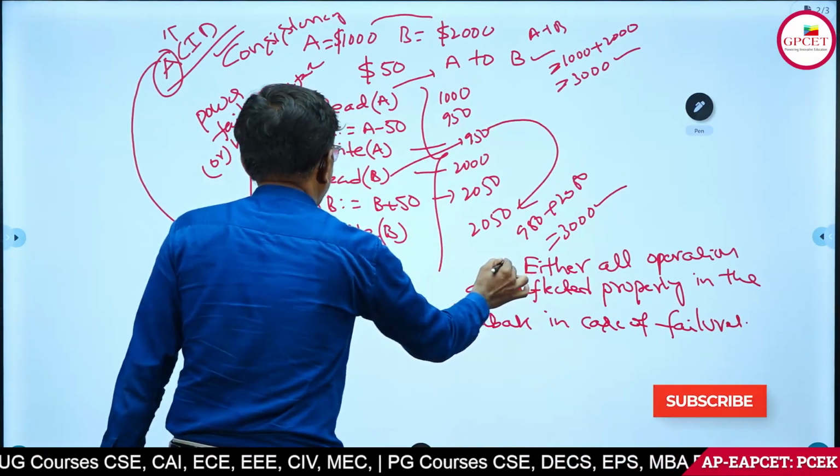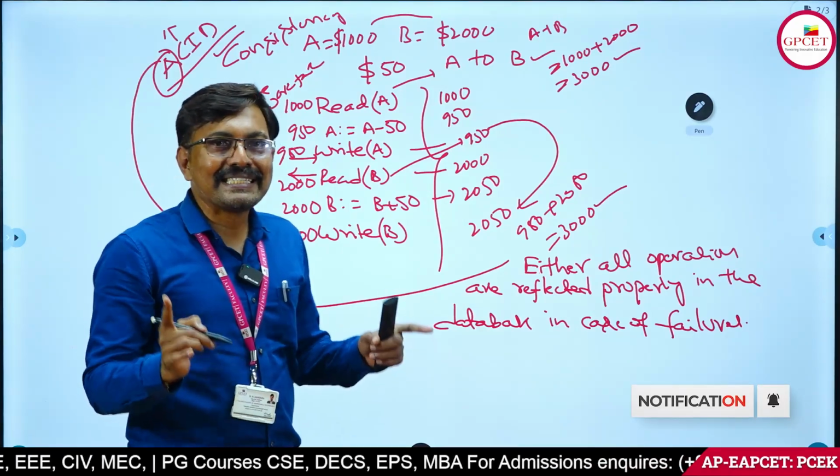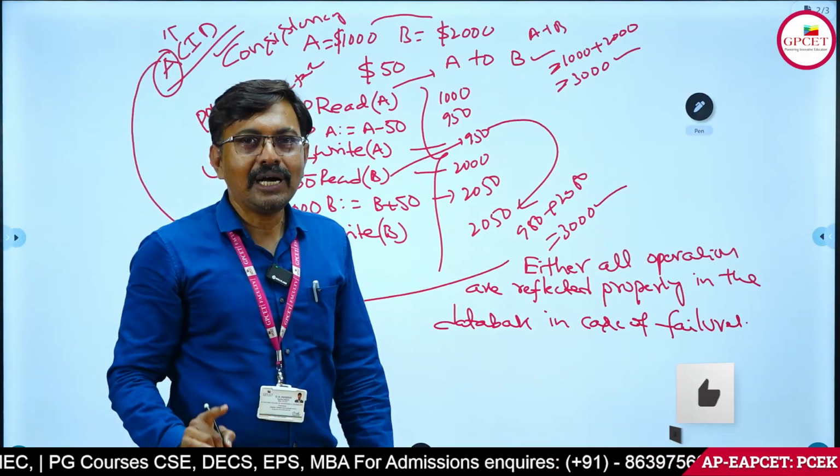Based on the definition, if any power failure occurs, we can get the consistent state. That is the first one, atomicity.